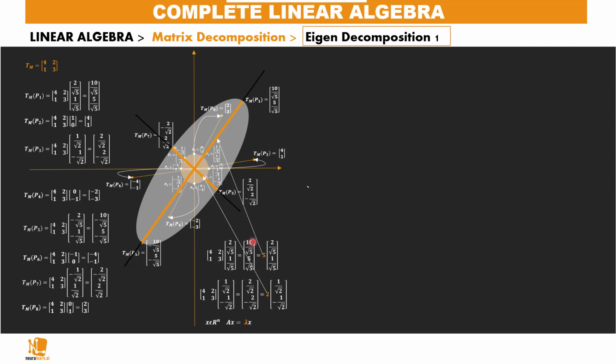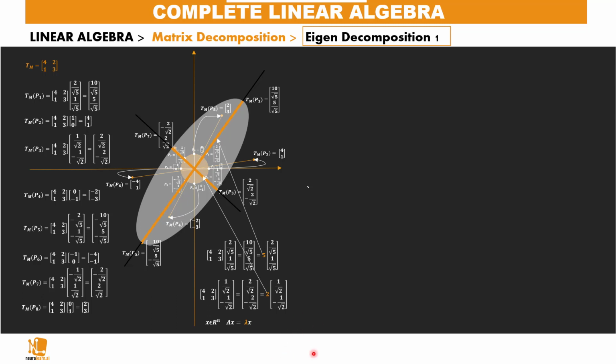In this example, lambda was 5 for the eigenvectors which lied on this line, and lambda was 2 for the eigenvectors which lied on this other line. So this is the definition of an eigenvector. Now, when given a matrix, we shall see how to obtain its eigenvectors and eigenvalues.